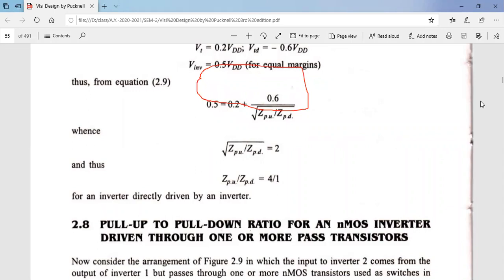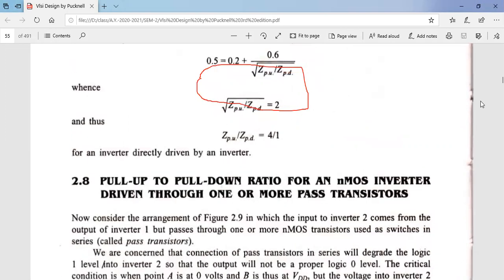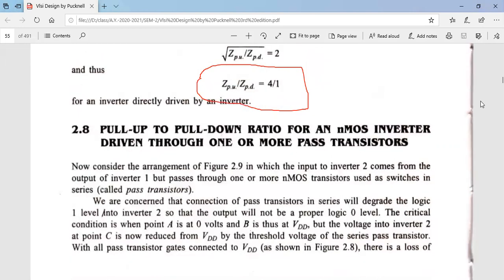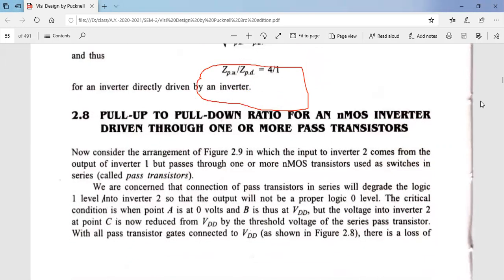The size should be 4 times greater. So for the same thing, you can study the pull-up to pull-down ratio for an NMOS inverter driven through one or more pass transistors.